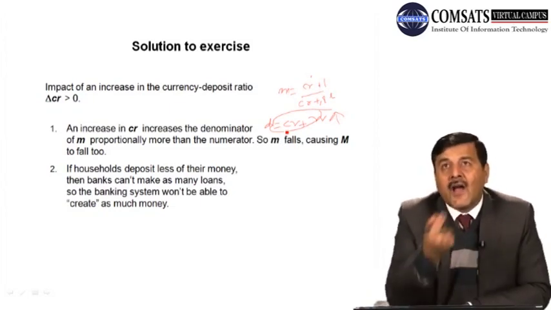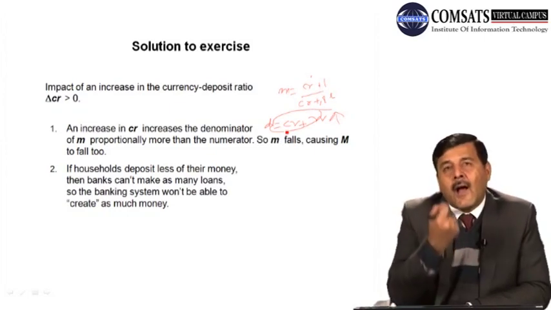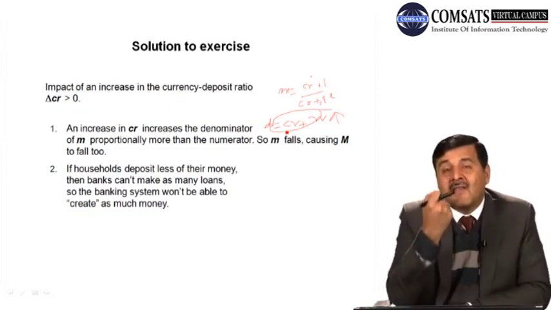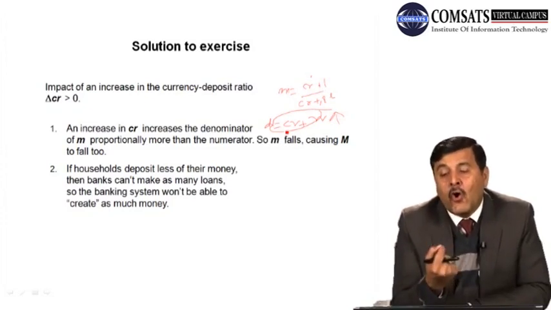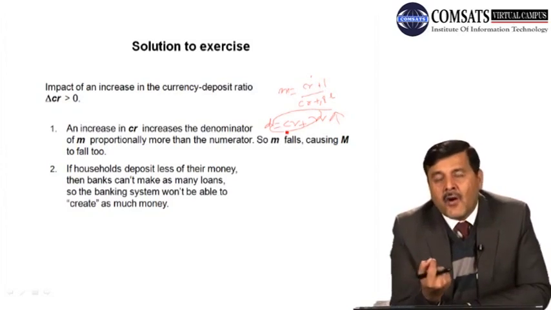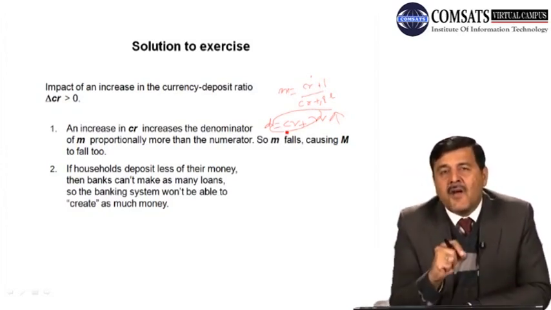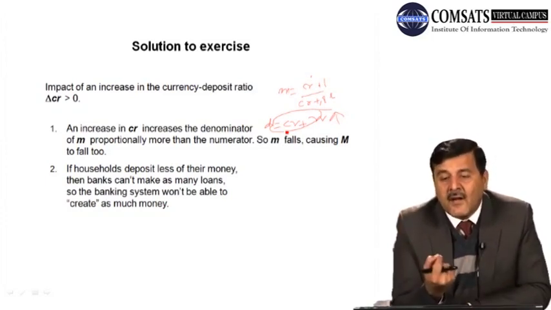What will be the effect on it? We said that when CR increases, the denominator increases and the numerator also increases, but the proportional increase in the denominator will be more than the numerator. So what will happen? M will fall.